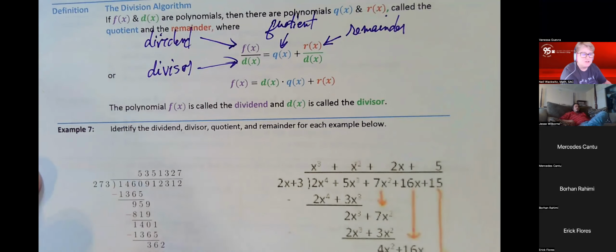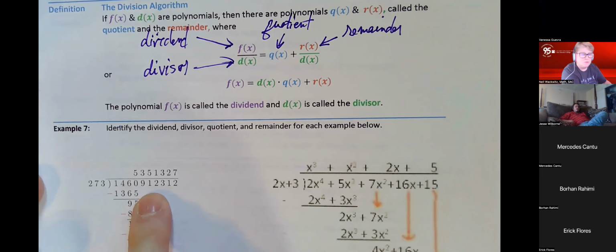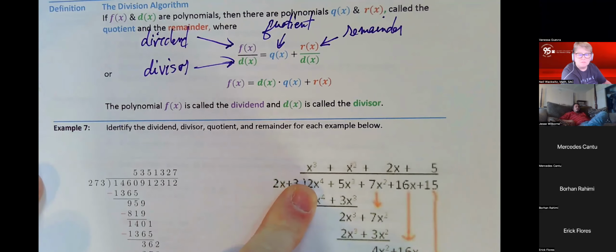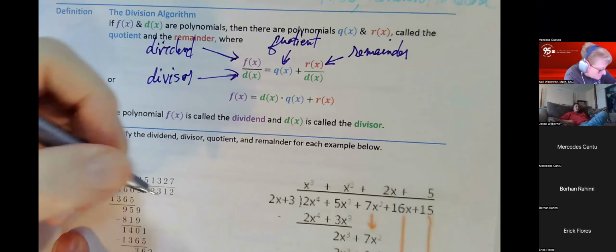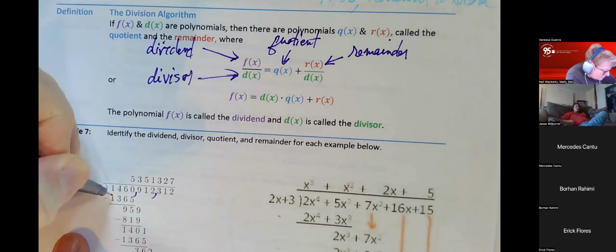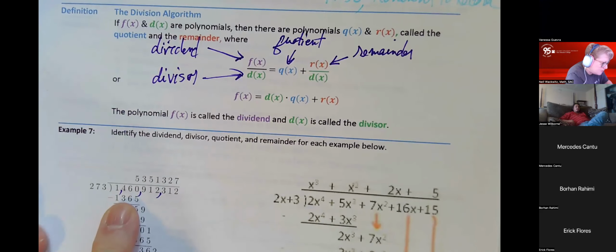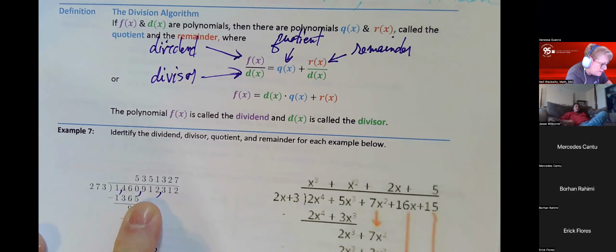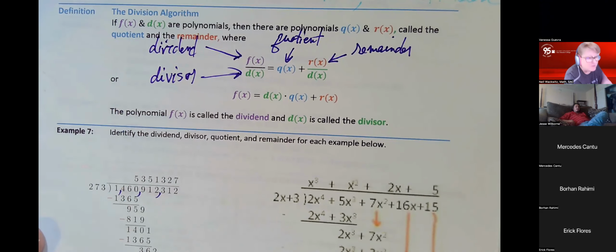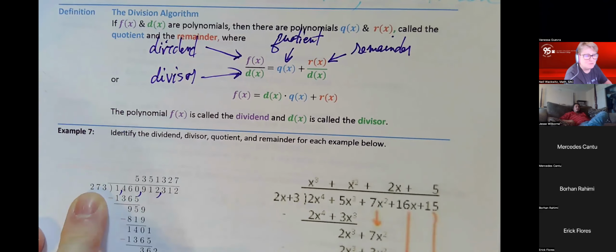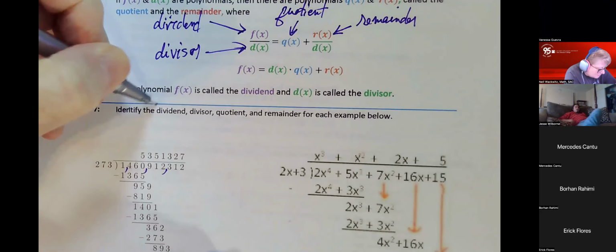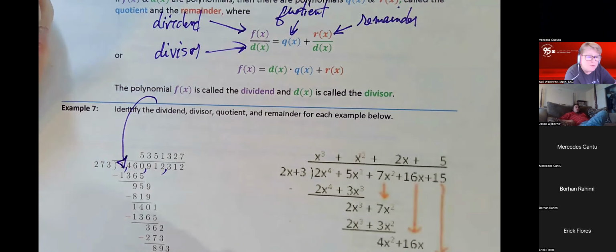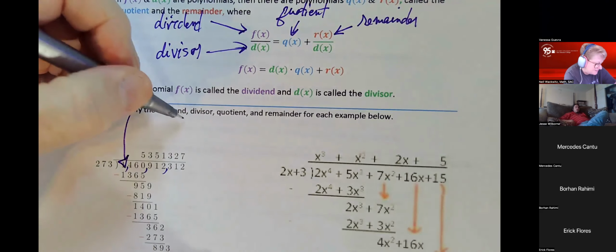So let's look at two kinds of long division, one with numbers and one with polynomials. If we're dividing 1,460,912,312 by 273, then we would call the number that's being divided the dividend.